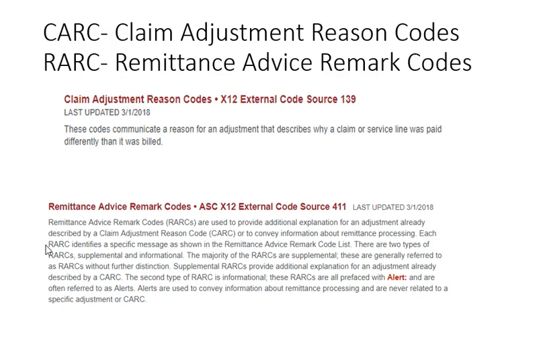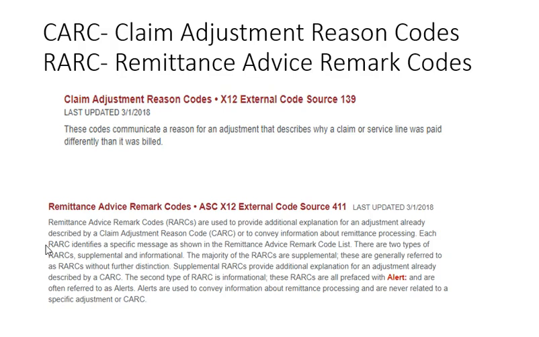Notice here, each RARC identifies a specific message as shown in the remittance advice remark code list. There are generally two types of RARCs, supplemental and informational. The majority of the RARCs are supplemental and generally referred to as RARCs without further distinction. Supplemental RARCs provide additional explanation for an adjustment already described by a CARC. The second type of RARC is informational. These RARCs are all prefaced with alert and are often referred to as alerts.